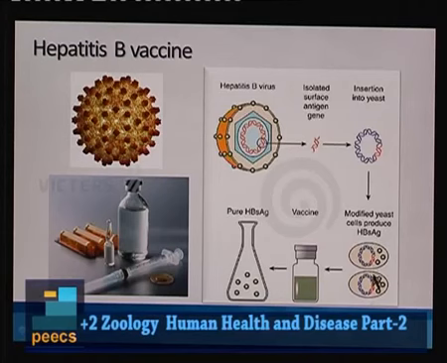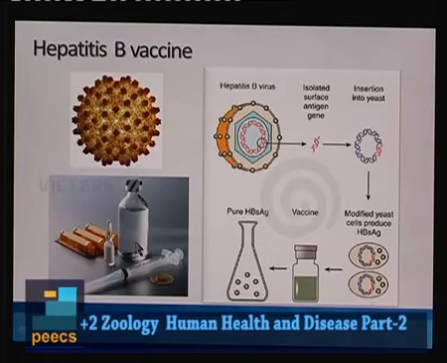You can see yeast cells are undergoing multiplication and they are all producing copies of the surface antigen. Now from these yeast cells we can isolate the surface antigen and it will work as a vaccine. Further purification and separation will be done, and commercially we can use the hepatitis B vaccine.